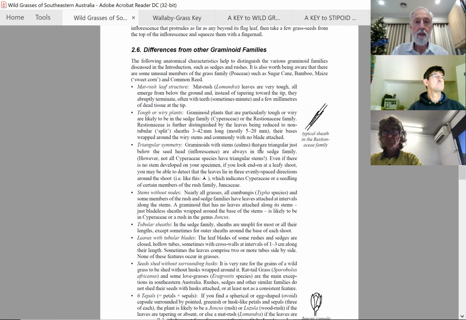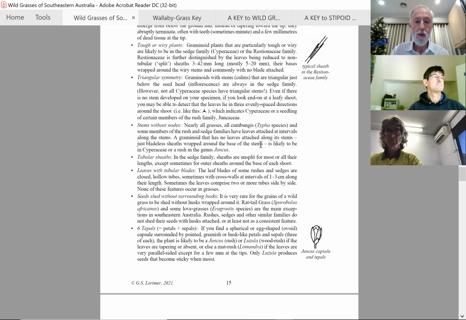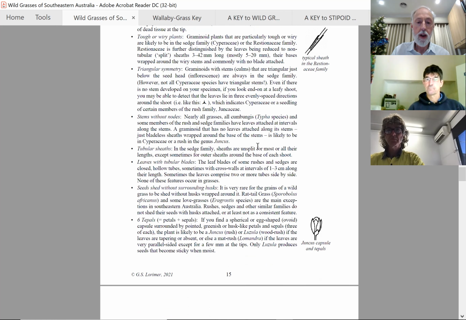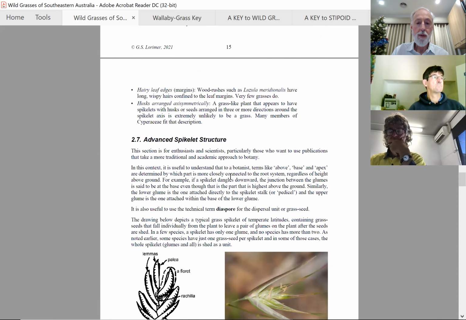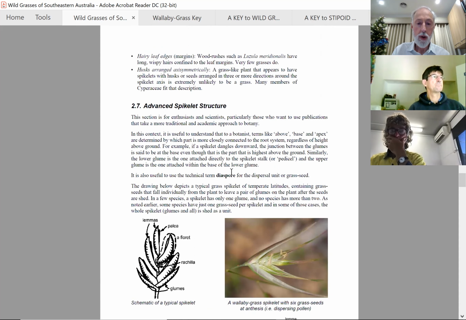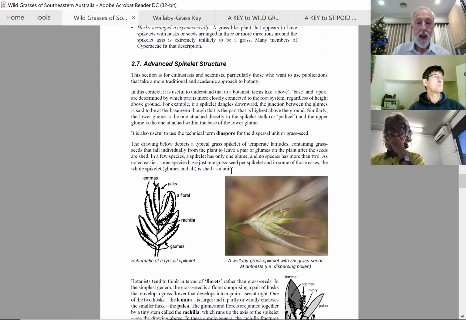I won't cover a huge number of species, but I'll show you enough to allow you to be more confident at distinguishing a grass from those groups. And if you read pages 15 and 16 down to the end of section 2.6, that will help you have greater confidence with that. Section 2.7, I'm going to deal with this afternoon.